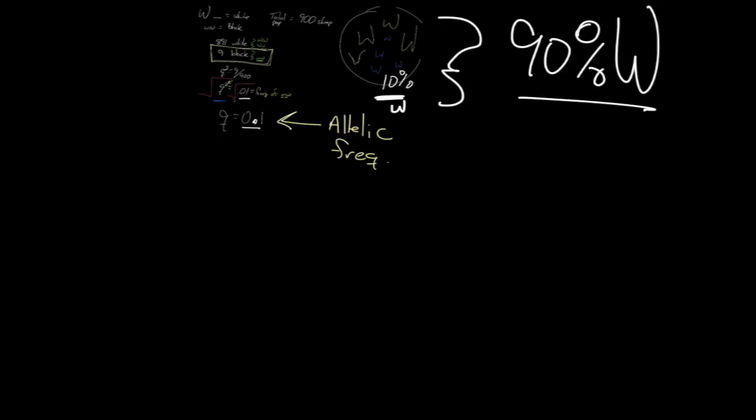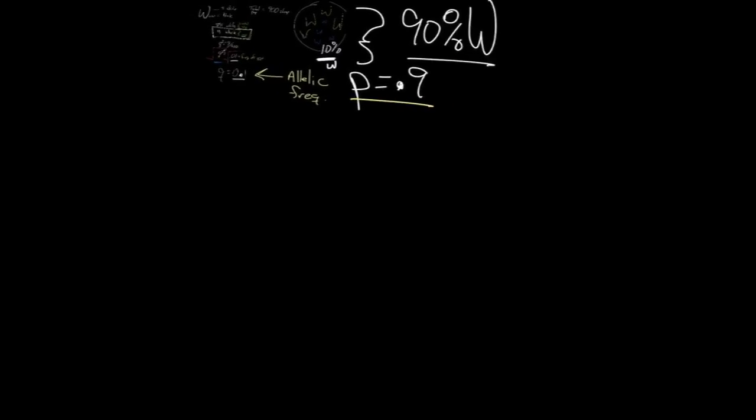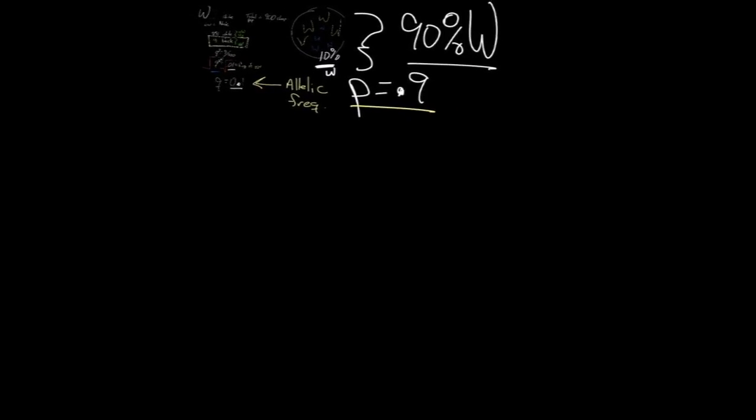That tells you 90%, so that's 0.9, which equals P. So P equals 0.9. There are going to be people who get confused when they're trying to do it on the quiz on Monday. So your Q is 0.1, your P is 0.9.